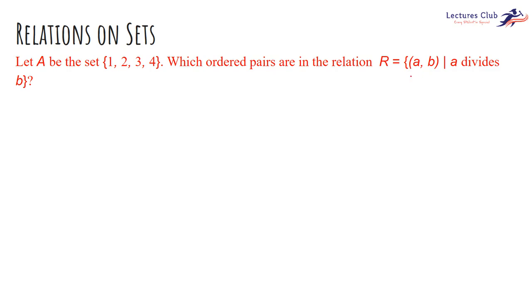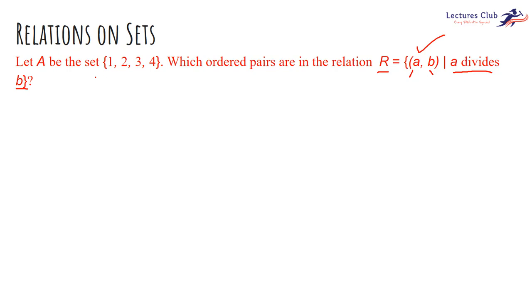We will write those ordered pairs in this relation R where the first element a divides the second element b. The first element is a and the second element is b. So a divides b means the first element is a factor of the second element.